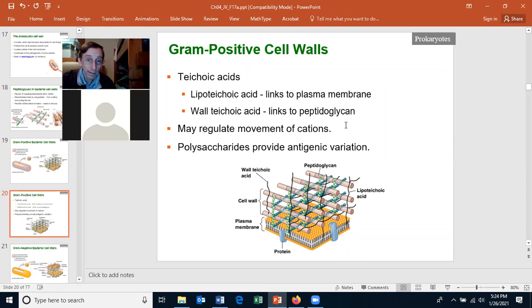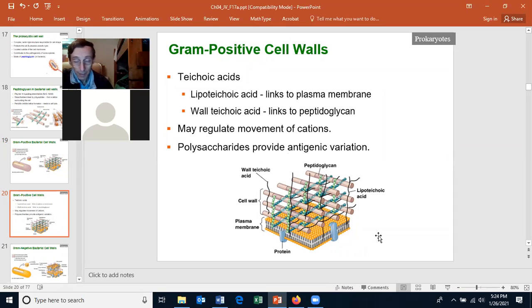The teichoic acid may also help regulate the movement of cations through the cell wall. The cations can sort of use the teichoic acid to move down through the cell wall.